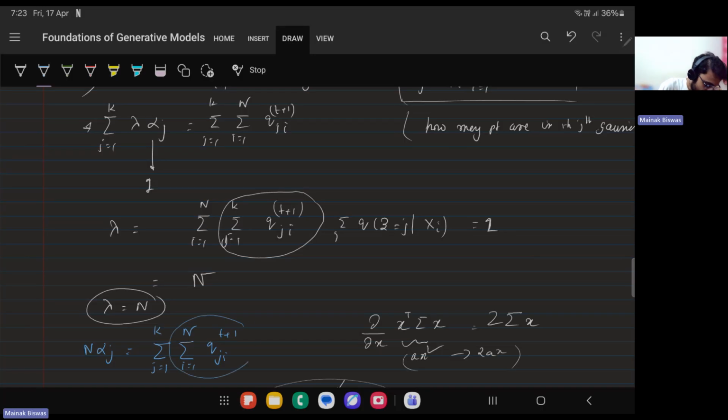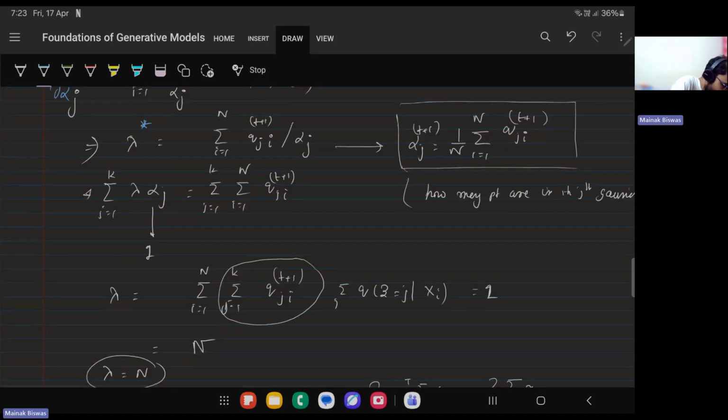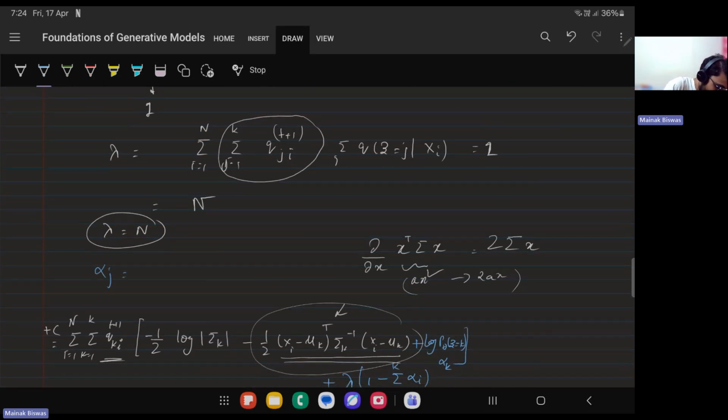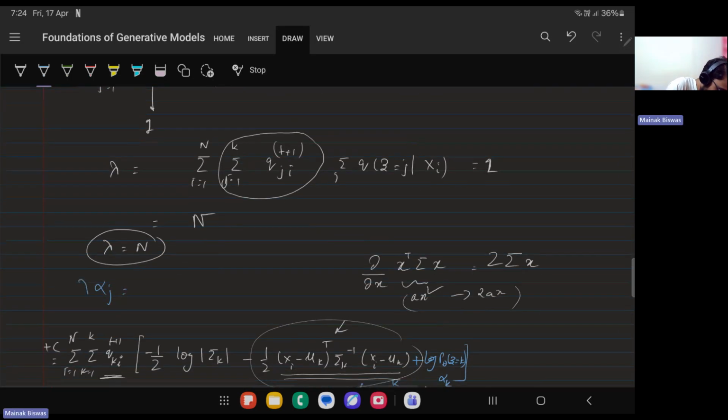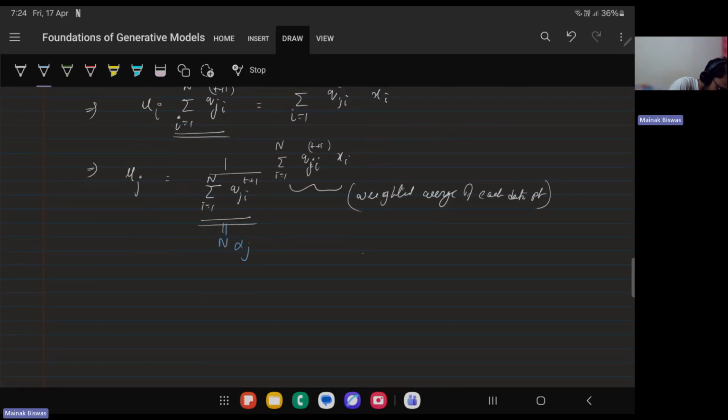So this is what we desire to have. So instead of taking a summation, we can directly get this from this equation. So here, alpha j into lambda is equal to summation of I equal to 1 to n q j I t plus 1. We know lambda is equal to n, so this is equal to n times alpha j t plus 1.